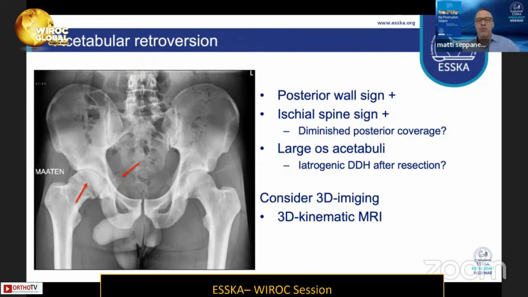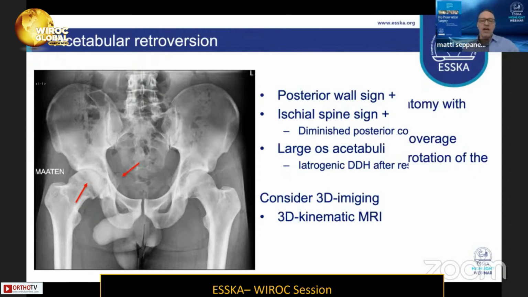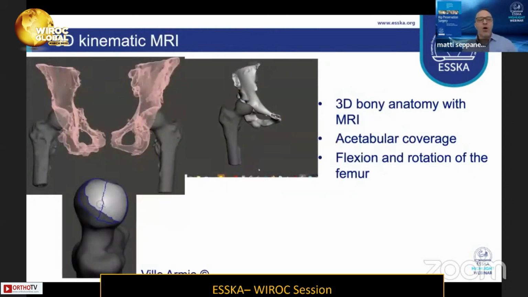If you see a positive posterior wall sign, a red flag such as a positive ischial spine sign, or a large os acetabuli causing the pincer FAI situation, I truly recommend that you consider some kind of 3D imaging. The one tool I usually use today is 3D kinematic MRI, where we can check the three-dimensional anatomy of the bony structure.